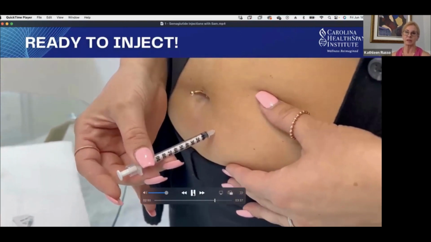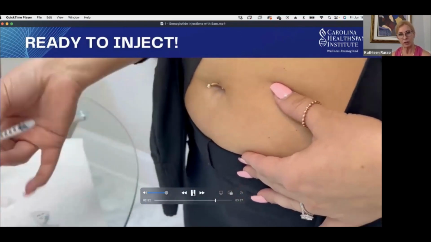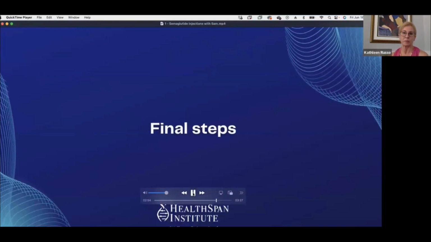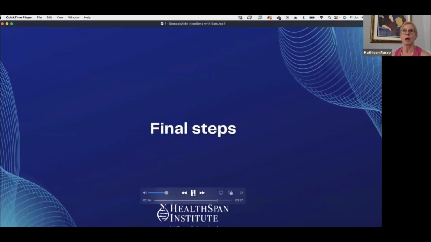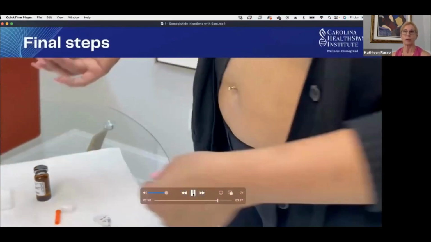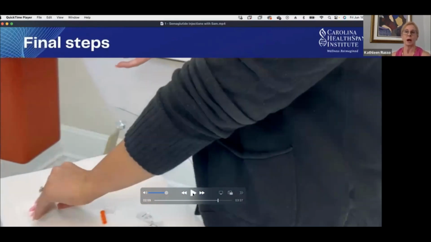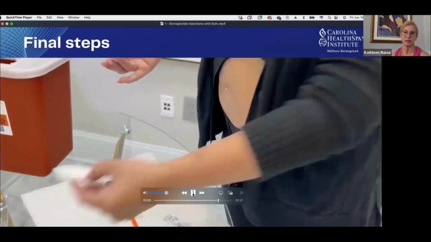A lot of our patients also use peptides, whether it's BPC or CJC with ipamorelin or sermorelin. NAD is another medication that we provide. All of those medications are given subcutaneously, and you can follow these steps that you just watched for a subcutaneous injection.